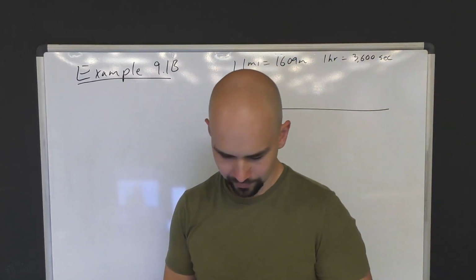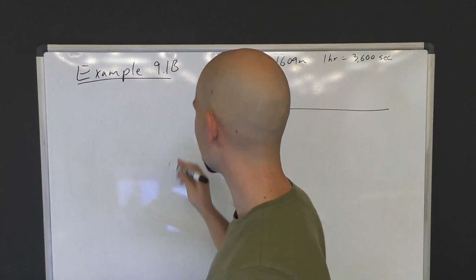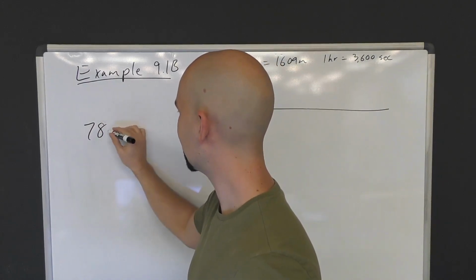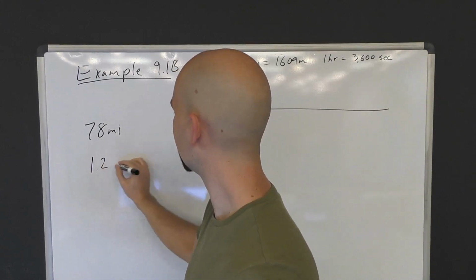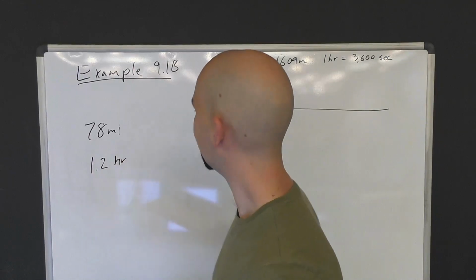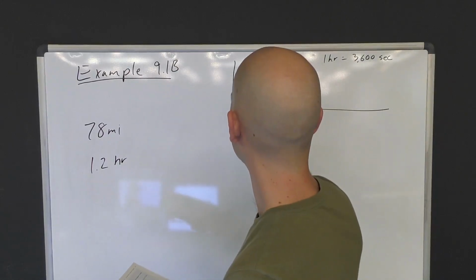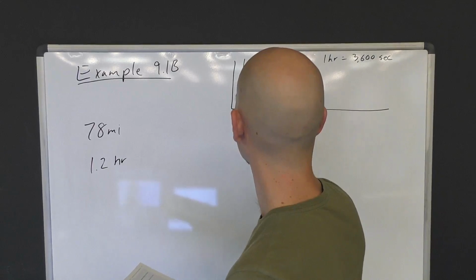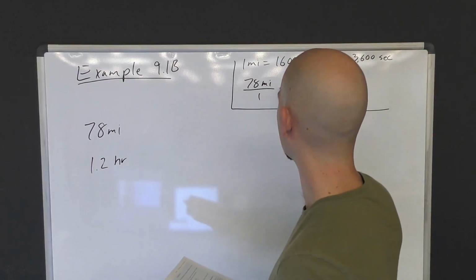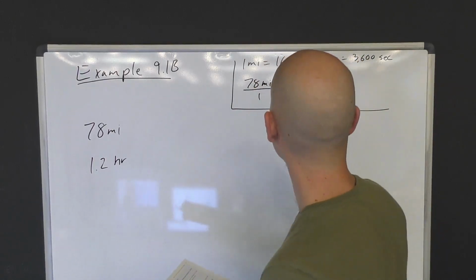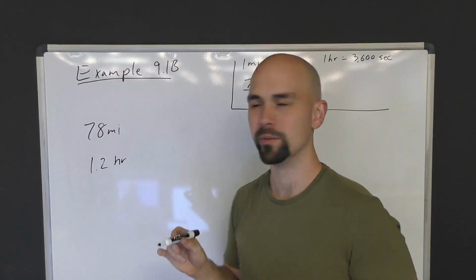Okay, so we're going to take our original numbers and convert, so we have 78 miles and 1.2 hours, and we're going to convert 78 miles into meters. So 78 miles, we're going to put it over 1 as we always do in unit conversion problems because we need a fraction. Now we're going to multiply it by something where in the numerator, it's going to have the unit we want, and in the denominator, it's going to have the unit we want to cancel.